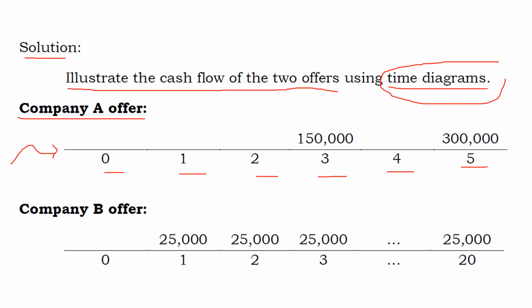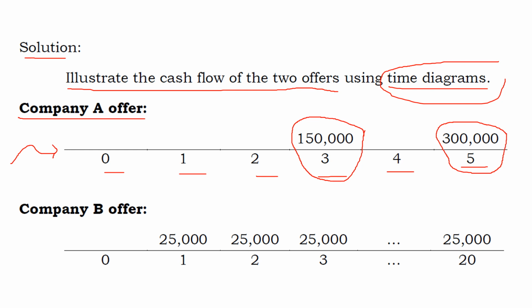As the company offers 150,000 at the end of 3 years, we need to put 150,000 here, which will be mapped to 3 years, and 300,000 at the end of 5 years. That's why there is 300,000 pesos at the end of 5 years.